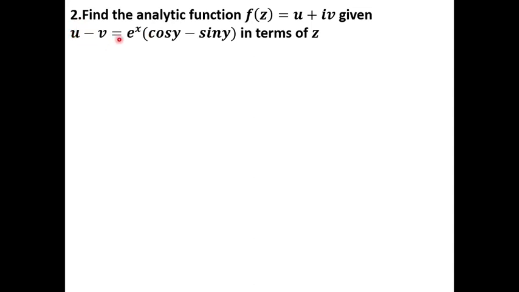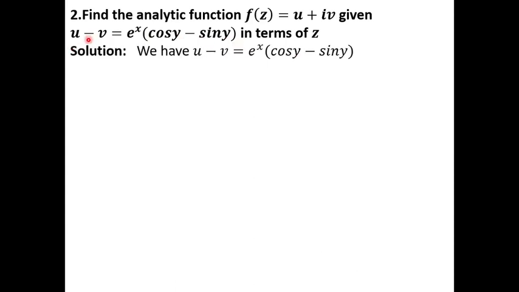Here they gave the difference of the real part and imaginary part. By using this data, we construct f of z is equal to u plus iv. So first write the given function.